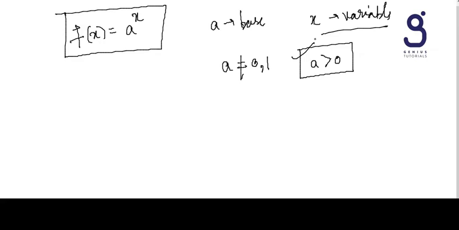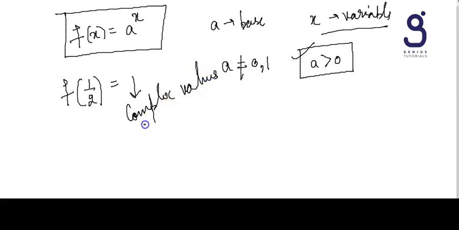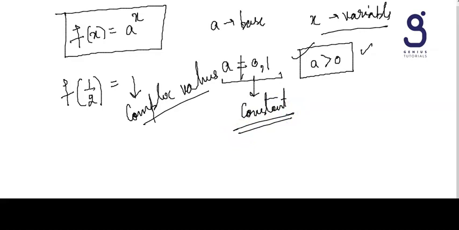Because if I substitute base as a negative value, then for any fractional power, let us take 1/2, let us take 1/3, there can be many fractional powers for which it will give complex, non-real values. So to avoid those conditions, we must take a as a positive number but not equal to 1, because 0 and 1 will give you constant functions. I hope this is clear.